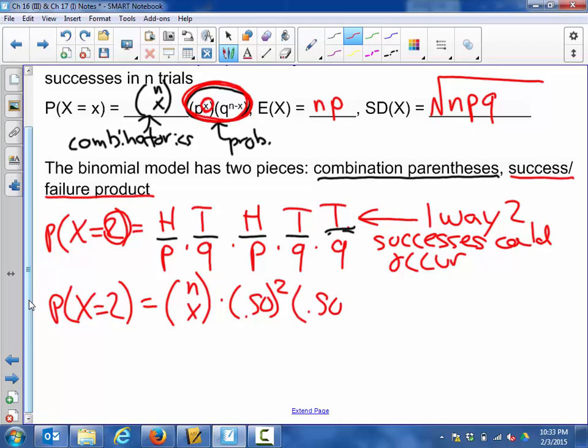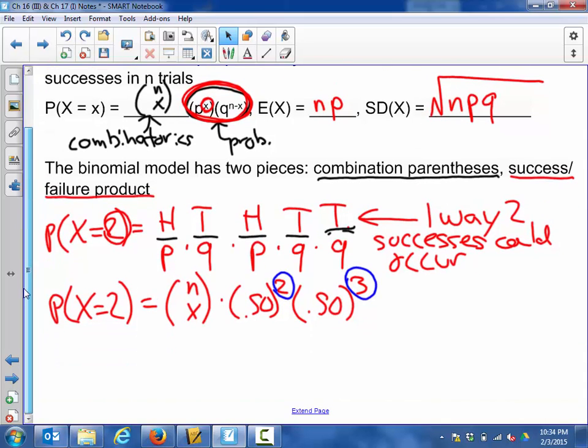So 0.50 to the second, your 2 successes, times the probability of failure, the complement, 50% chance of tails, to the n minus x. That's 5 Bernoulli trials minus the 2 successes, which winds up being 3. So you'll always have a number of successes and a number of failures equal to the number of trials in all. N was equal to 5 here. We had 5 flips of the coin. So there is the first piece of the binomial formula, circled in red.